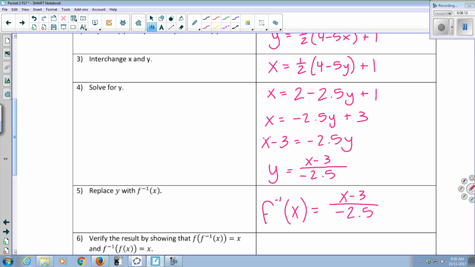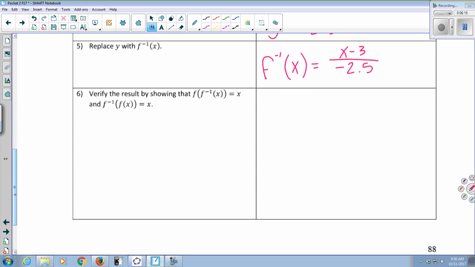And then typically you should check that when you compose f and f inverse, you get x. So if I want to do f of f inverse of x, that means f of (x minus 3) over negative 2.5.